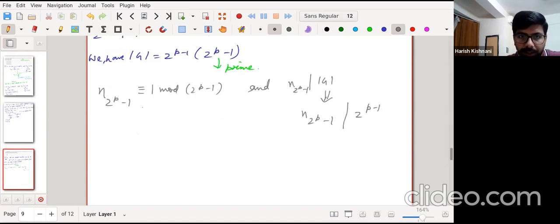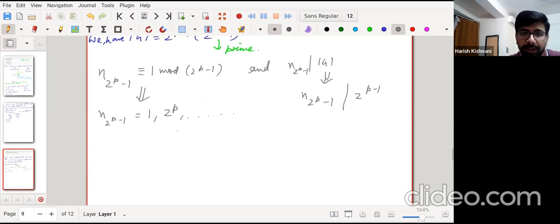And from here what you can get, n_(2^p−1) is equal to 1, or 2^p itself. 2^p is also congruent to 1 mod 2^p minus 1, right? After 1 you will get this choice only. So then anything else is bigger than 2^p.